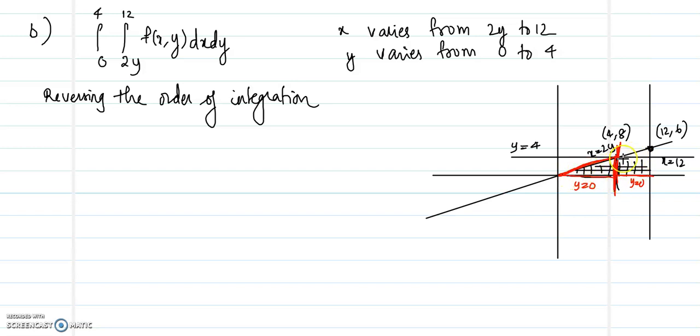So when you reverse the order of integration, you will get a sum of two integrals. The first region's limits will be y equal to 0 to x by 2, and in the second region you will have y equal to 0 to 4.